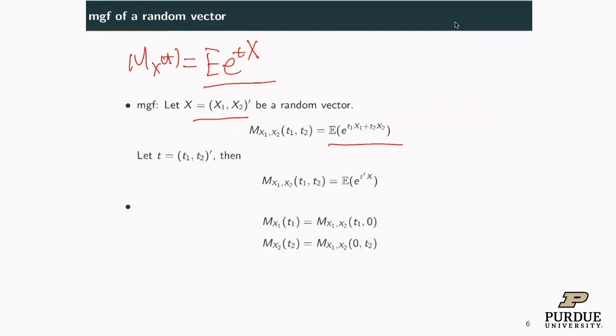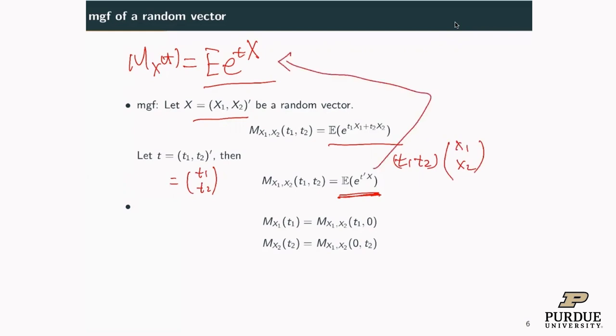If you write this formula in matrix or vector form, you can define t as the column vector (t1, t2). Now the MGF can be written as the expected value of e to the t transpose X, where t is (t1, t2) and X is (X1, X2). This formula is very similar to the one-dimensional case. If you let t2 be 0, you will get the MGF for X1. If you let t1 be 0, you will get the MGF for X2.